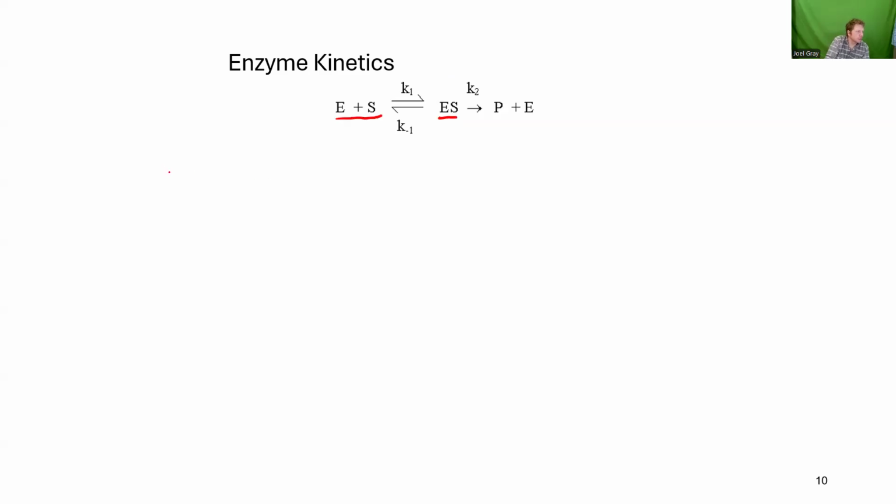So let's go with scenario one. Substrate is ultimately converted to the product, and the enzyme is returned to the free enzyme. Okay, that's one possible outcome.